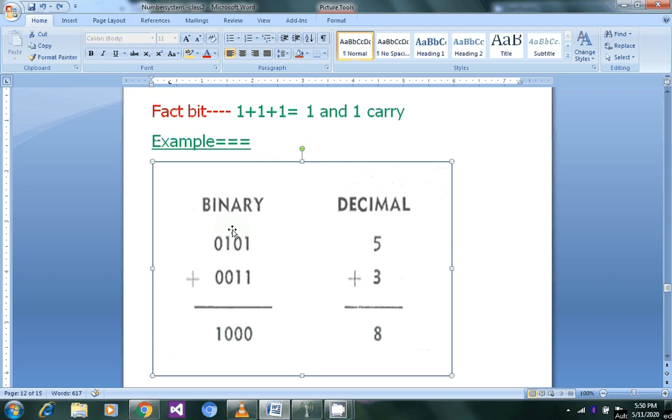So 1 plus 1 again gives the result 0, then 1 is carried to the next row. Here you get 0 plus 0, which gives 0, but 1 is carried forward to this row, so 0 plus 1 equals 1, so it gives the result 1000.